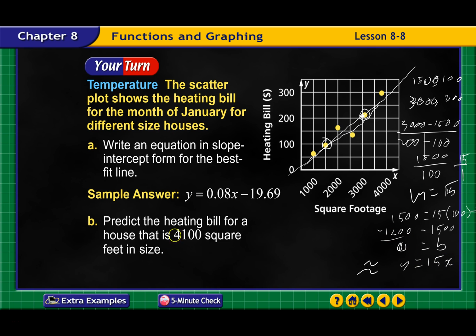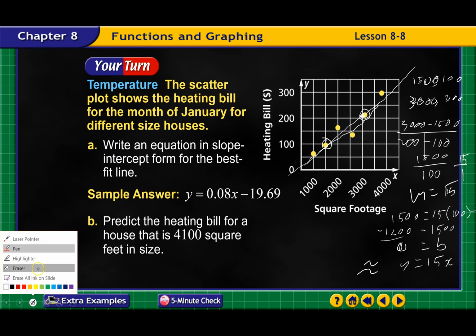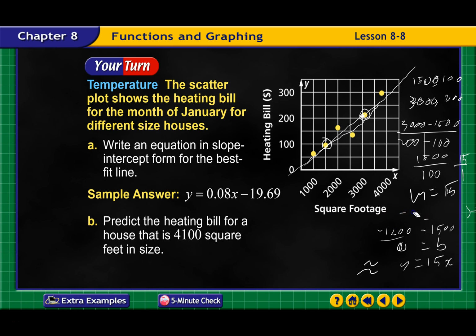So I would take 4,100 square feet and put that in for my x. Did I flip these? Y is 100. Ooh, let's see if that's what I did. See if that'll make it a little closer here. Let's try it out.